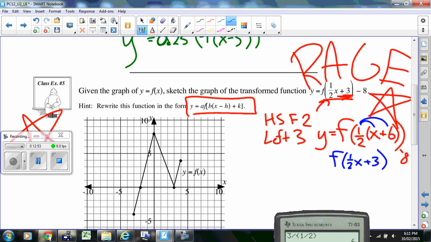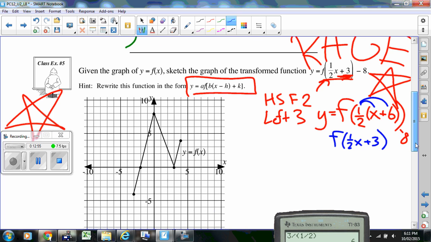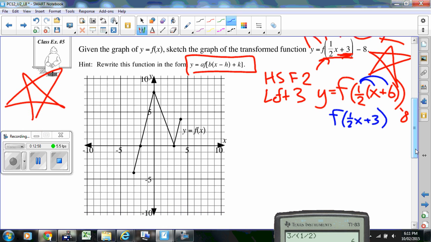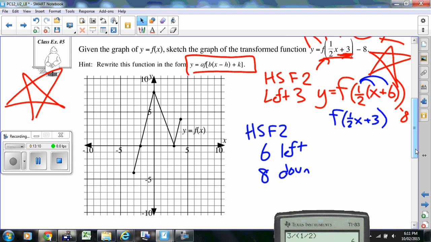Okay, so what I do now is it's actually going to move horizontal stretch factor 2, 6 left, and 8 down. So I'm first going to do my horizontal stretch factor. Do that one in red. So all of these things are going to double.